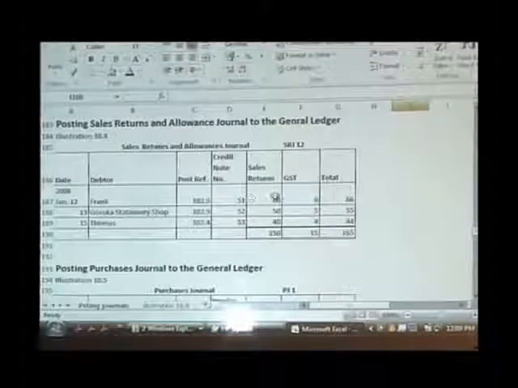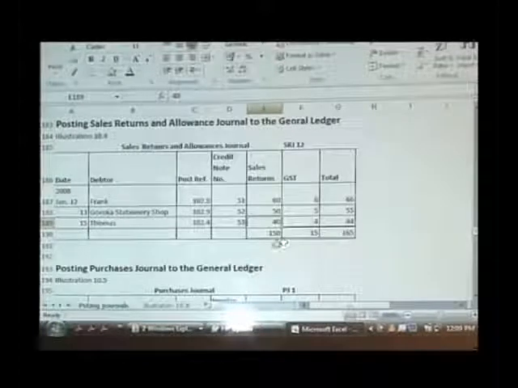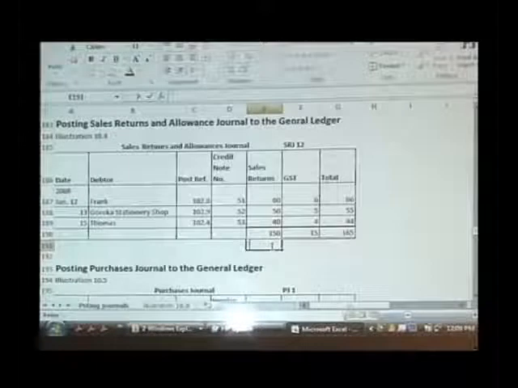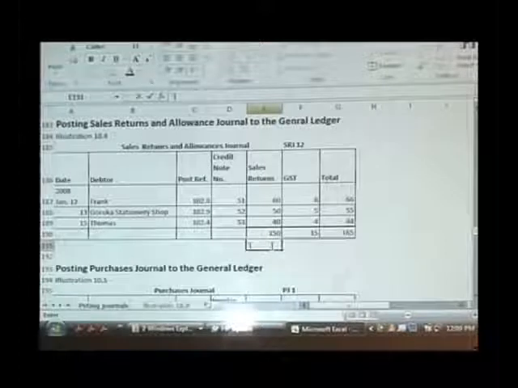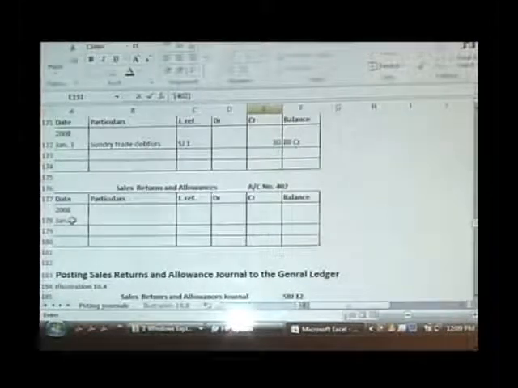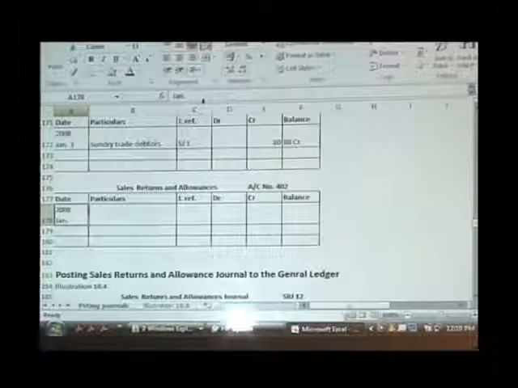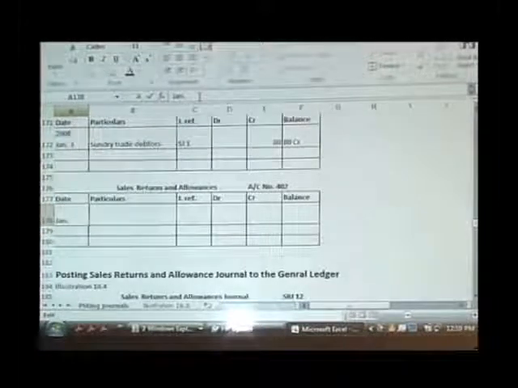Now see, all the individual amounts have been posted, and now the totals. Sales returns account, account number 402, here. Sales returns and allowances journal, and the posting day is 15 January.